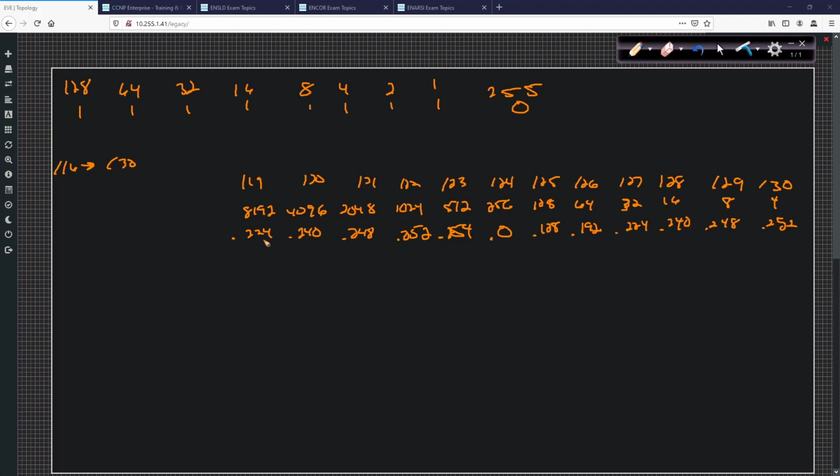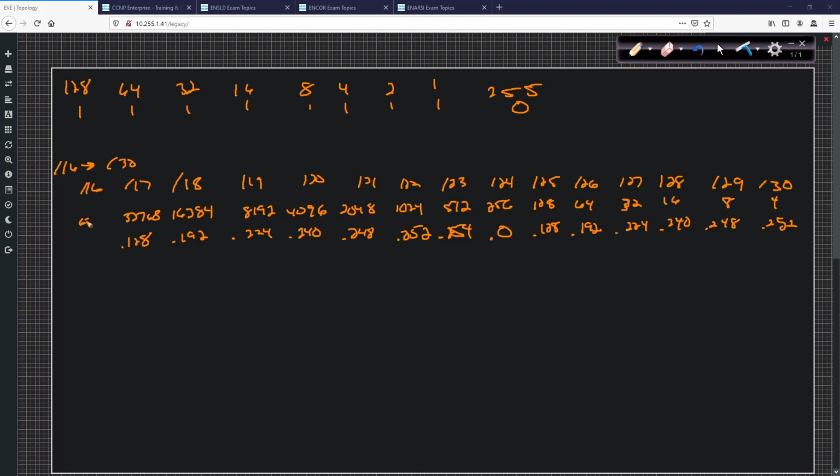This will be a .224. Now, as you continue going left, this is 19. We'll do 18 since we're right here. This will be a 16384 and a .192. And then we do a /17. This will be a 32768. This will be a .128. And then we have a /16.